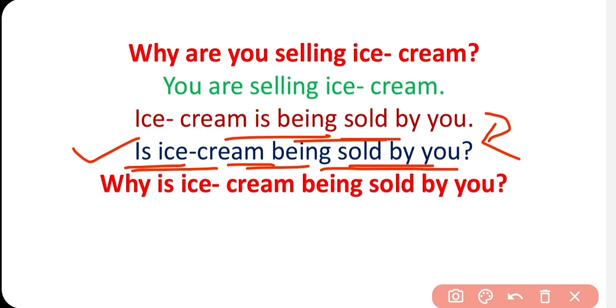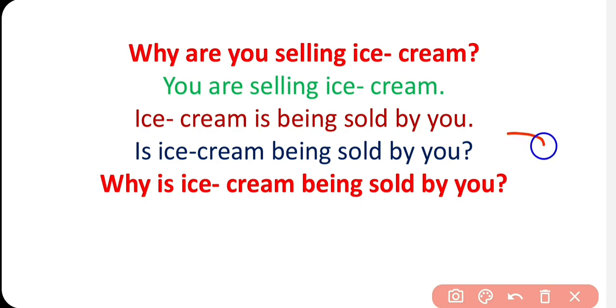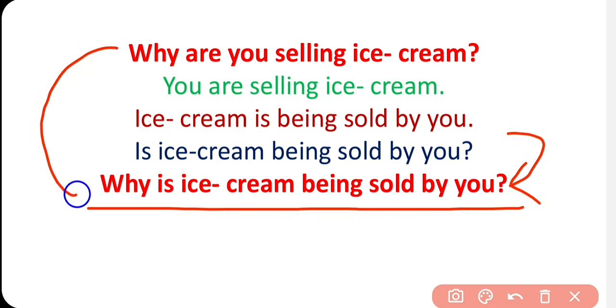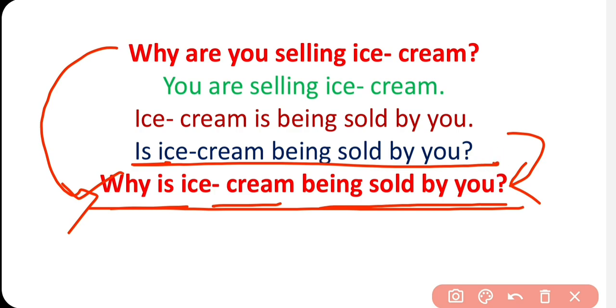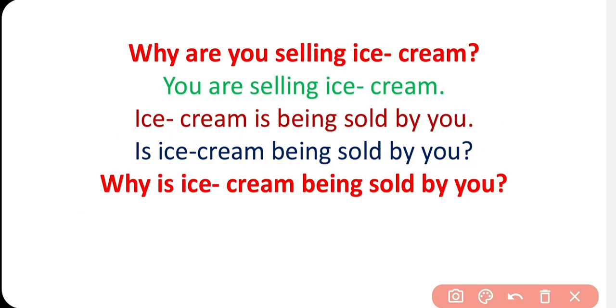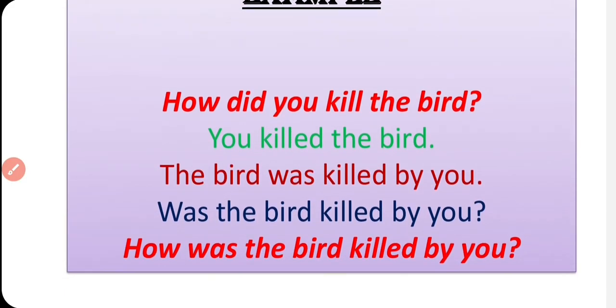This will be the question form. And what will be the actual passive voice? Why is ice cream being sold by you? Just you have to put the WH word first, then this whole sentence thereafter. So come to the next slide.